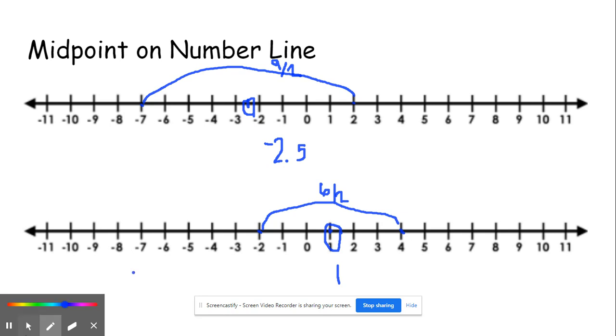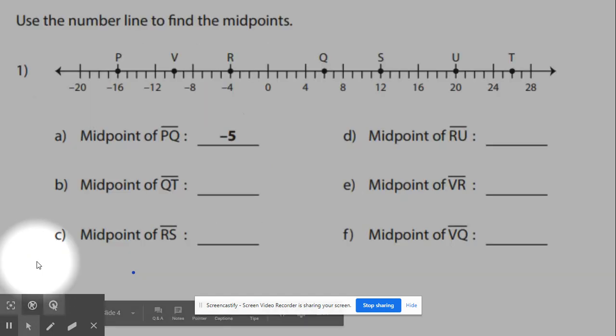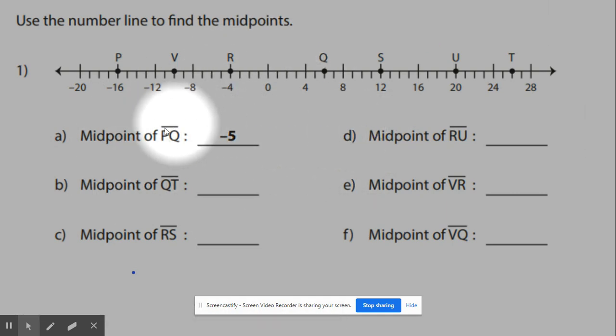I put some examples on the next slide. As you can see, the first one is done for you, midpoint of P to Q. You would count all the way down this way, and they're going up by 4, so that's 4, 8.